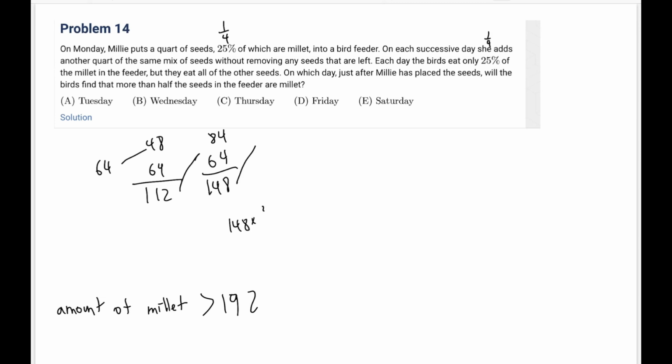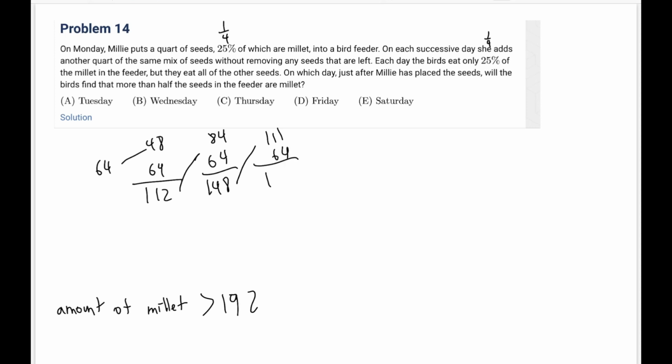148 times 3/4 would be... 2 times 3 is... No, it's not 27. For 3, yeah, it's 37 times 3, 21. So it's 111, and then add 64 more.